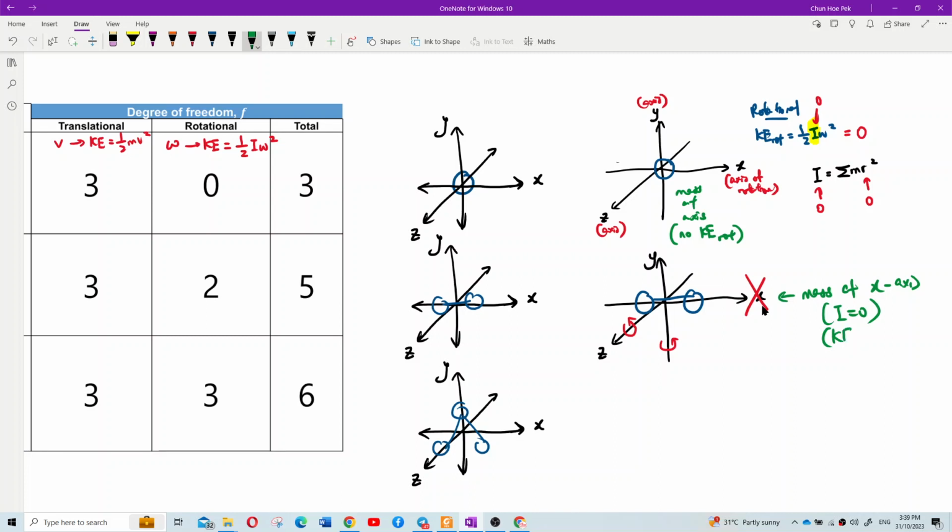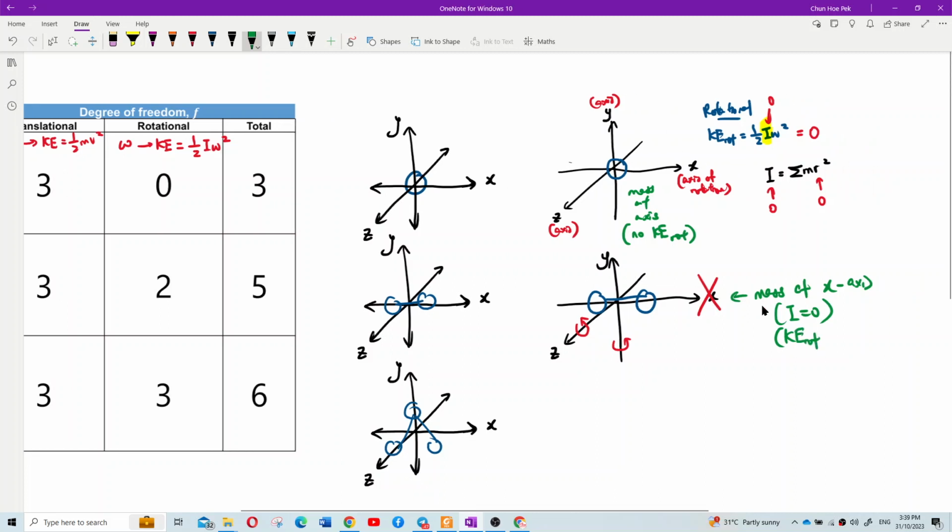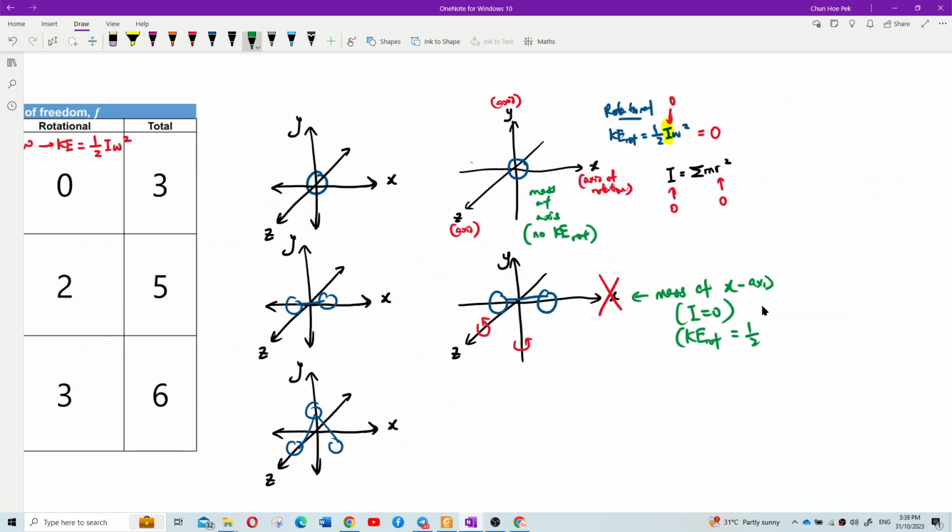So the rotational kinetic energy, which equals half I omega squared, is also 0 joule. Understand, class? Because the mass is on the x-axis, there is no distance. The r is 0, so I is also 0. So the rotational kinetic energy is also 0 for the x-axis.